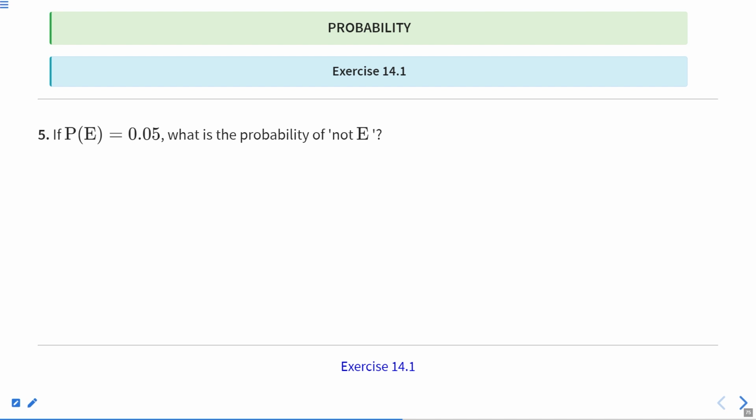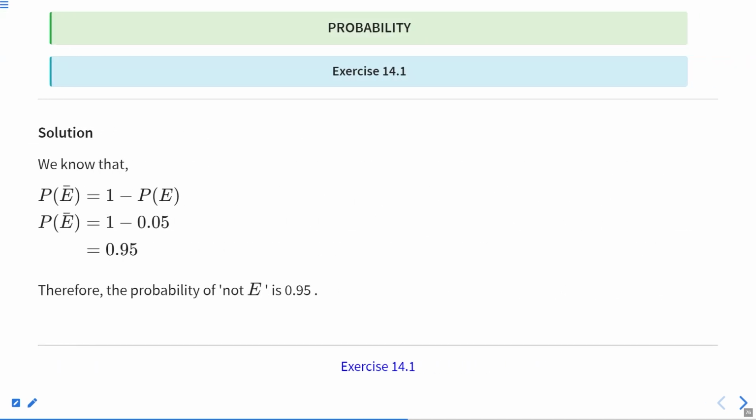Here we know the formula: the probability of not E, that is the probability of E bar, is equal to 1 minus the probability of E. Given that the probability of E is 0.05, the probability of E bar is 1 minus 0.05, which is equal to 0.95. So the probability of not E is 0.95.